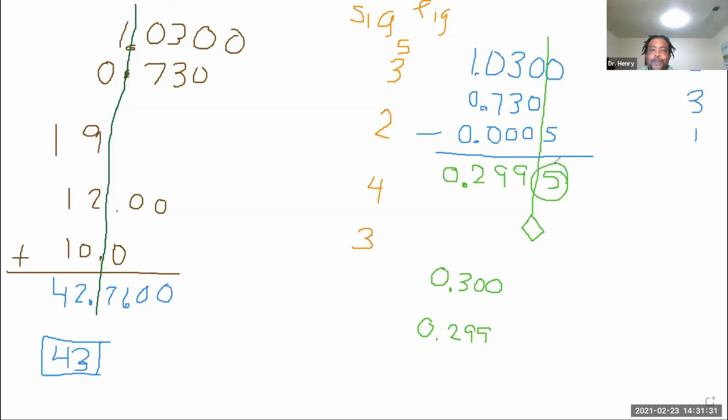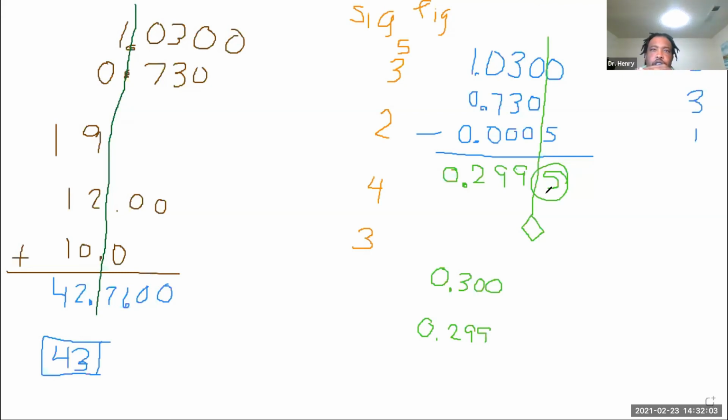So we're going to wrap this up real quick. Is it going to be 0.299 or 0.300? Are there any numbers following this 5? No. So it's an exact 5. 5 is our decision point, so if it's greater than 5, we always round up.